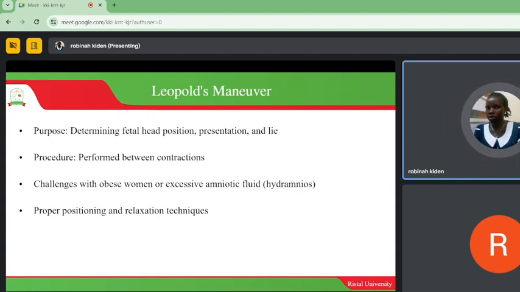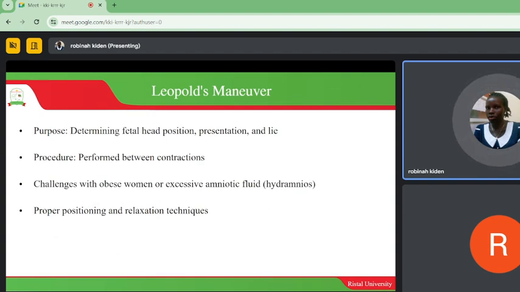So challenges with obese women or excessive amniotic fluid, which is hydramnios. We talked about this during antenatal. This can become a challenge because in obese women, when there's a lot of fat deposited under the skin, it will prevent the fetal parts from being felt.